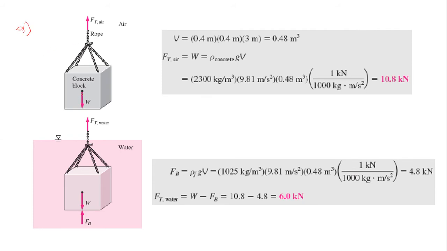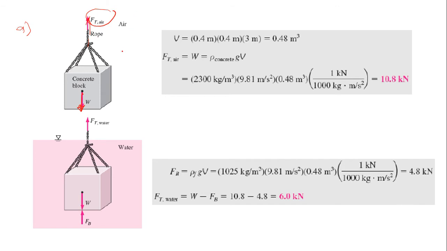You have your weight component, acting downwards, always acting downwards. The weight of the object, the concrete block, and you will have the tension of the rope, acting upward. This is the one that they ask you to find.